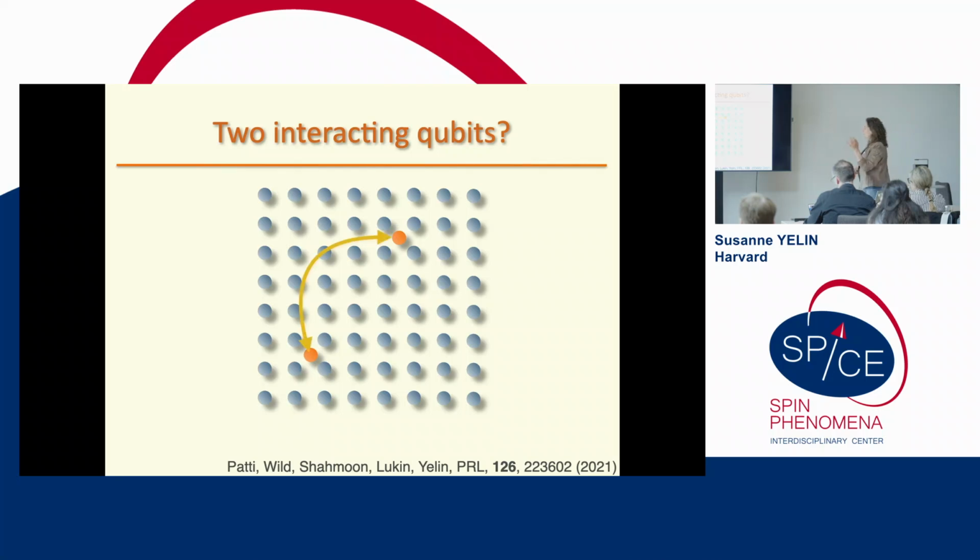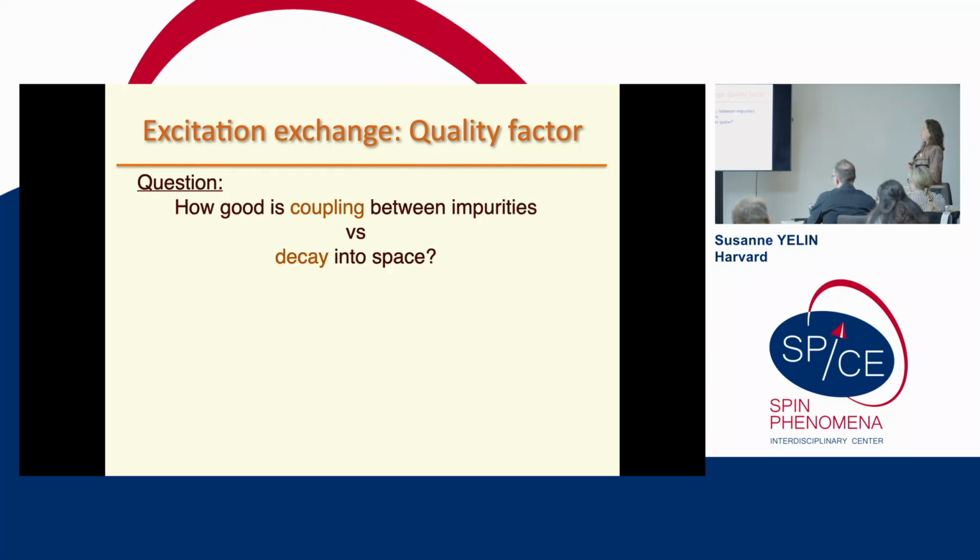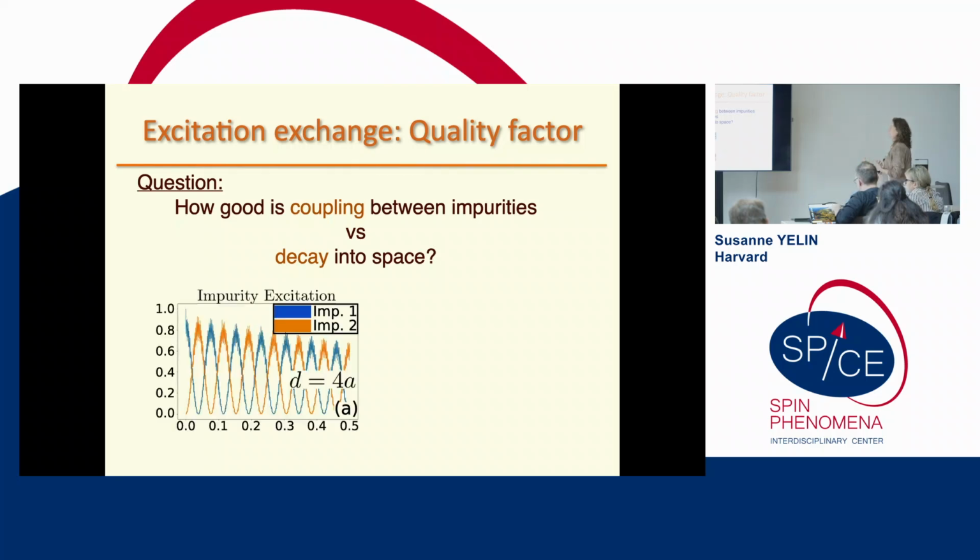So here we are looking at how that coherently exchanges population, and we try to quantify that by saying, okay, let's simulate the coupling versus the decay, and let's call that the quality factor. And what we get in this case is something that looks a little bit like Rabi oscillation.